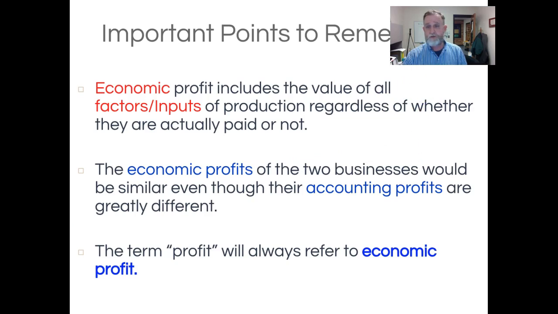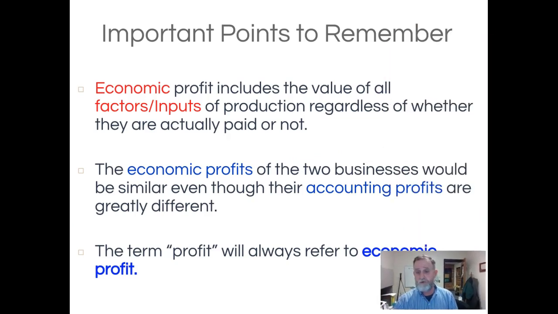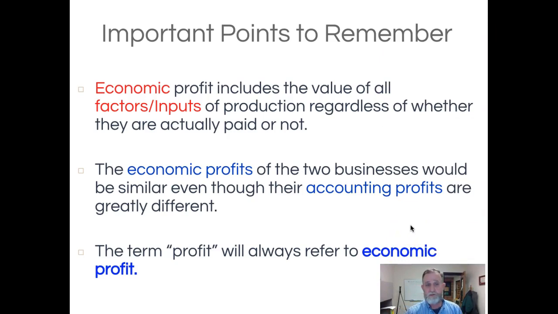Some important things to remember as far as opportunity costs: economic profits include the value of all the factors or inputs of production regardless of whether they're actually paid or not. That's just a simpler way of saying that we would include those things whether or not they're an actual expenditure when we include our opportunity costs.